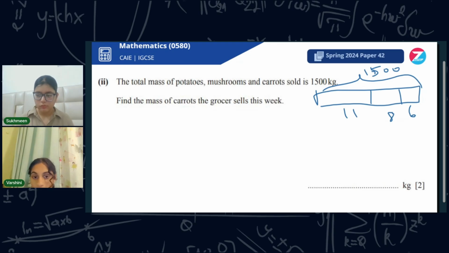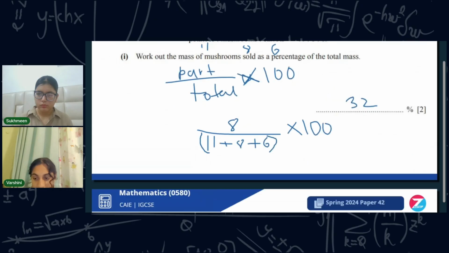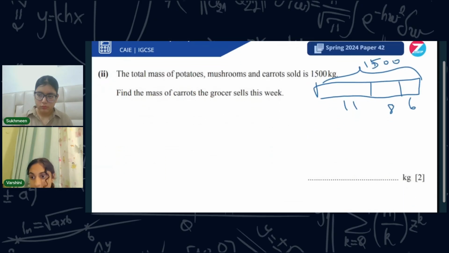We want to find how much carrots, which is 6. All of these added up together into some number will give us 1500, and 6 into that same number will give us the carrots.